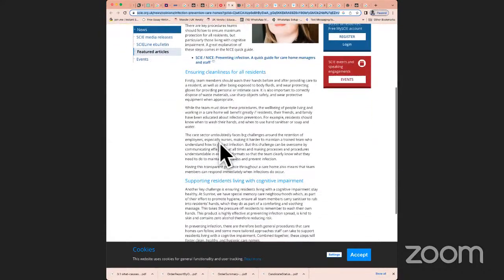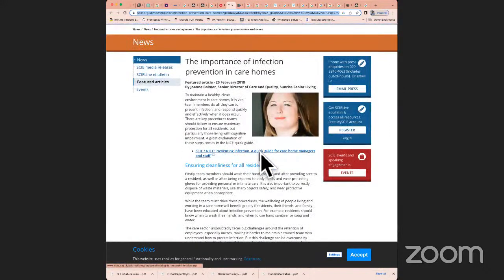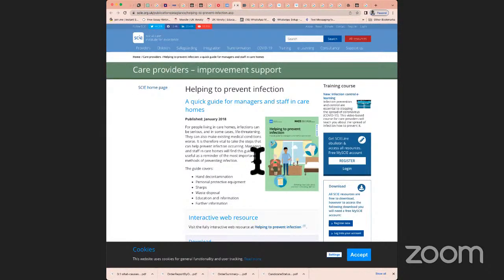It is a 10-minute read that you could also download, to see how and what guidance was created for managers within the care home to follow, and then look at the process of prevention.